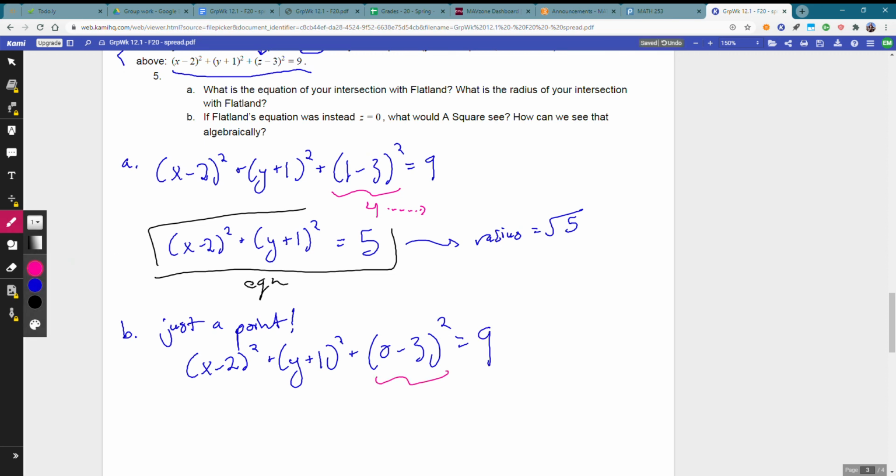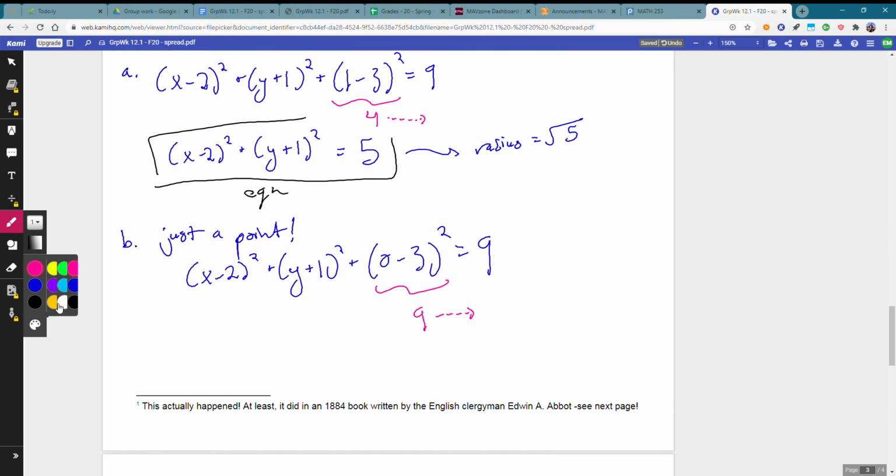But now we get negative 3 squared, which is 9, and so subtracting that over actually gives us the equation x minus 2 squared plus y plus 1 squared equals 0.